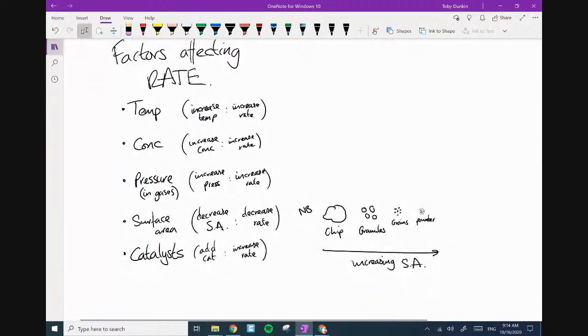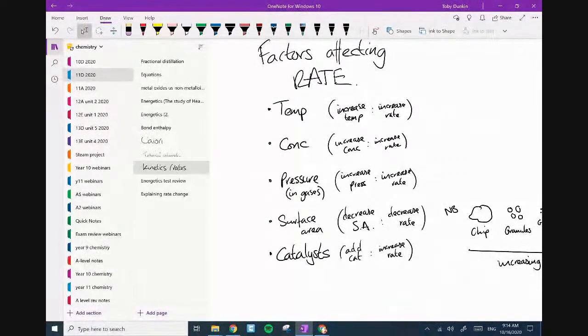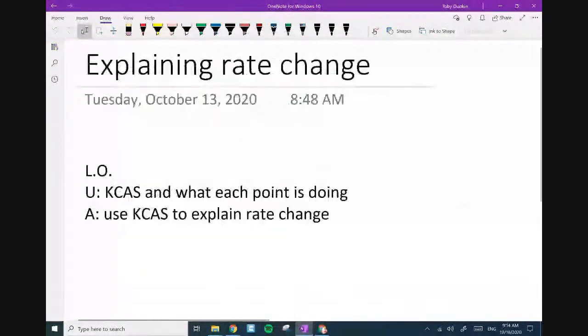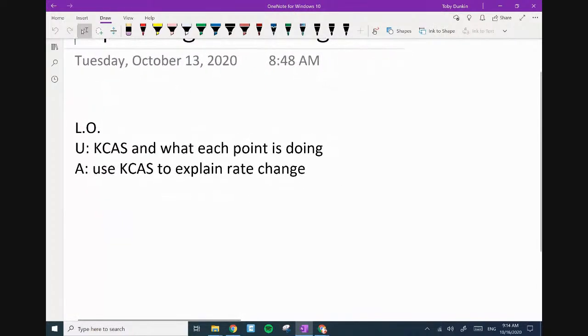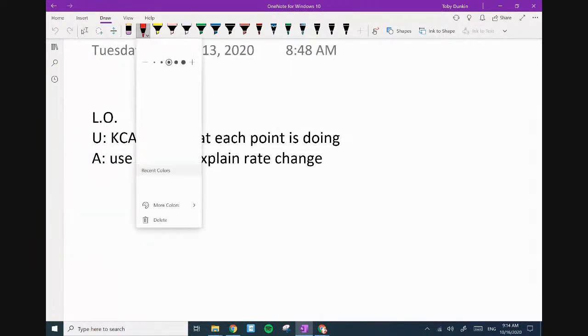So we talked about the different factors. So today's lesson: we're doing explaining rate change. My learning objective is to understand KCAS and what each point is doing and what it stands for. And the next one is to be able to use KCAS to explain rate changes. So I'm going to be talking you through KCAS as a method. Now, I'm just going to put this into context.